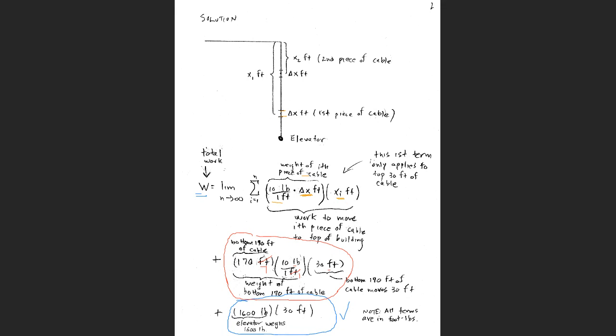The xi feet is going to vary, so what are going to be the limits? Because we know this is going to turn into an integral. What do you think the limits are going to be for the integral for this first part of the work?